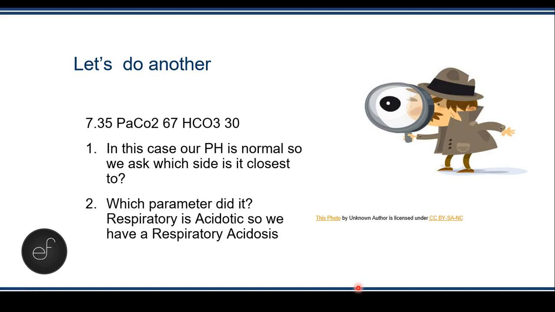CO2 is an acid, the higher the number, the more acidotic. Okay, so which one matches our pH, which we decided was an acidosis? That would be respiratory. So we've gotten to question 2, and we've decided it's a respiratory acidosis.